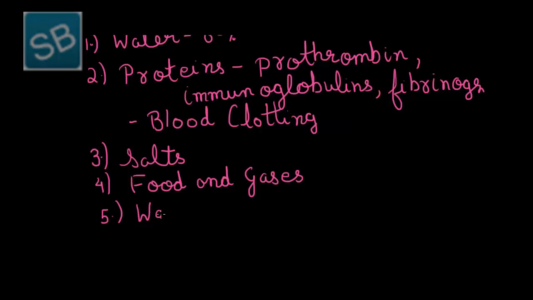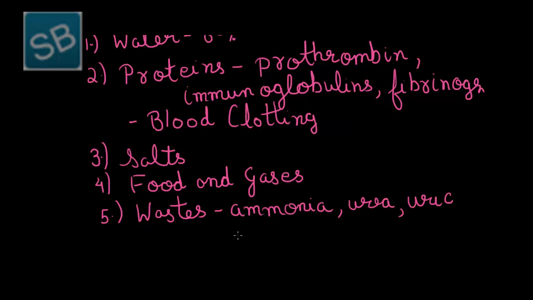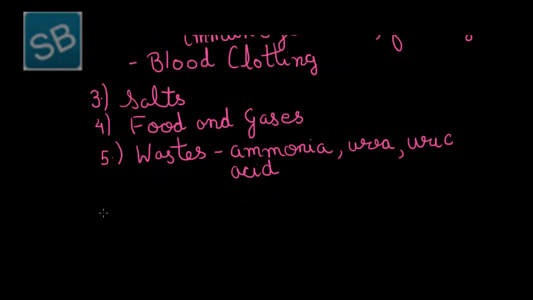Fifth includes waste. These wastes can be in the form of ammonia, urea, uric acid, which gets discarded gradually with the processing.